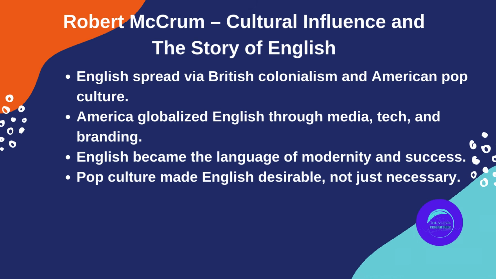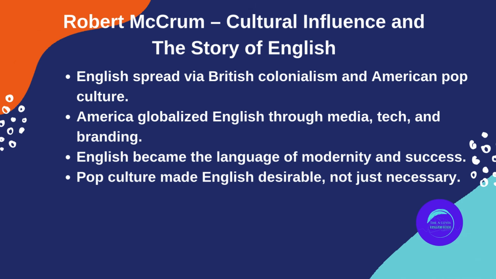Robert McCrum offers a complementary view. In his documentary series and book, The Story of English, he explores how English evolved into a global language through both hard and soft power. He acknowledges the British Empire's role in planting English in colonies, but emphasises that America's rise in the 20th century made English culturally dominant.